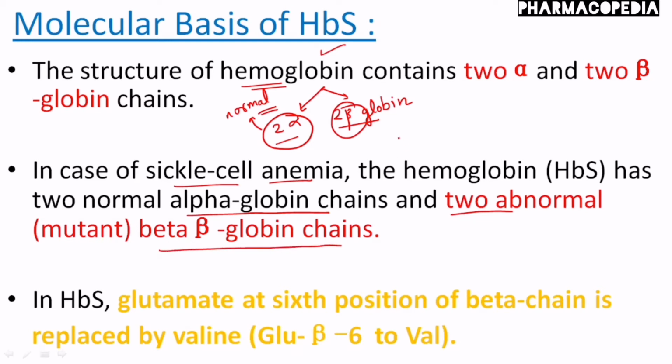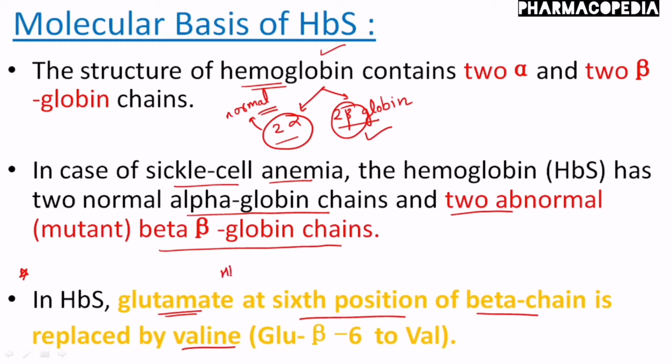So whenever a question comes up as to what exactly the site of mutation is, the mutation occurs at the beta globin chains in sickle cell anemia. So there comes one of the most important points: in sickle cell anemia, in hemoglobin S, the glutamate present at the sixth position of the beta chain is replaced or substituted by valine.